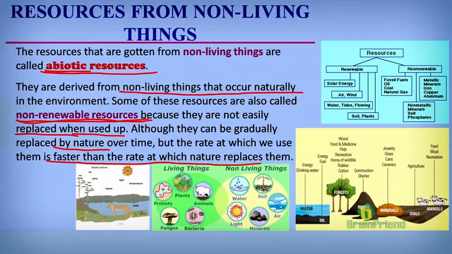We are going to see some examples of these resources, and you will understand why we said some of these resources are non-renewable. Some of these non-renewable abiotic resources include fossil fuels, coal, natural gas, minerals, soil, and so on. All of these abiotic resources cannot be replaced. Even if they can, it will take so long to replace them.